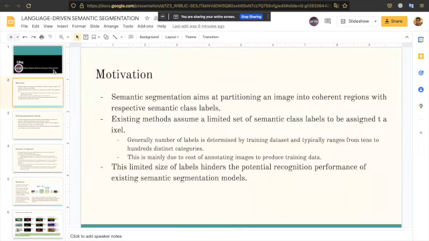Language-driven semantic segmentation. Let's start out by understanding what the motivation behind this paper was, or what the paper was trying to do. Semantic segmentation aims at partitioning an image into coherent regions with their respective semantic class labels.